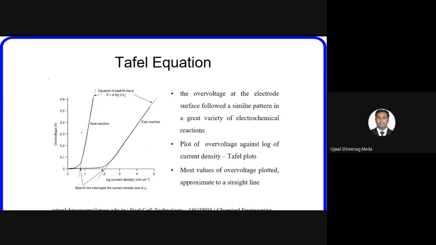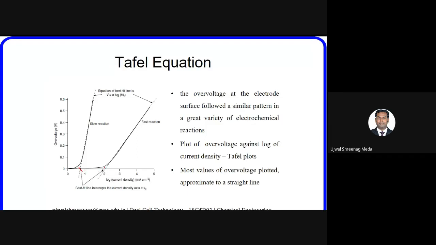So in this plot, if you fit these curves with a straight line, this best fit line touches the x-axis at a point.